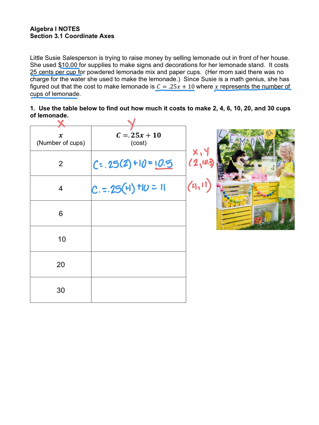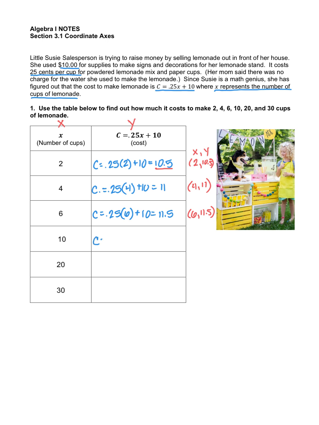Now we have C equals 0.25, our x is 6, plus 10, and that is 11.5, or $11.50. Let's put in our coordinates where our x is 6 and our y is 11.5.